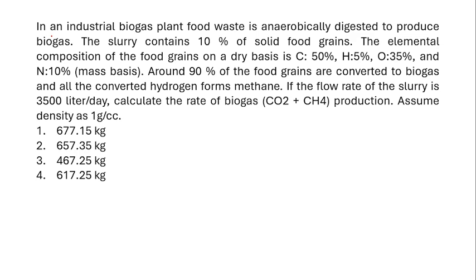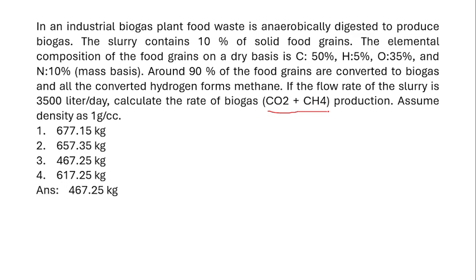Around 90% of the food grain is converted to biogas, and all the converted hydrogen forms methane. That is the hint given in the question. If the flow rate of the slurry is 3,500 liters per day, calculate the rate of biogas production. So we need to calculate the amount of CO2 produced and the amount of CH4 produced from the process. Assume the density as 1 gram per cc. Among these options, the right answer is 467.25.